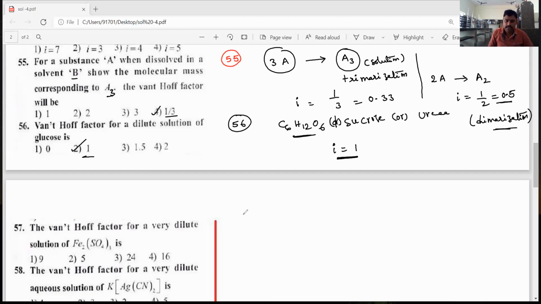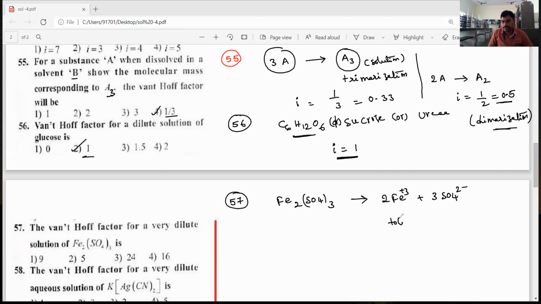Okay, dear students, let's see the 57th question. The Van 't Hoff factor for very dilute solution of Fe2(SO4)3, ferric sulfate. In dilute solution, it will be ionized. It undergoes complete ionization to produce 2Fe 3 plus and 3SO4 2 minus.